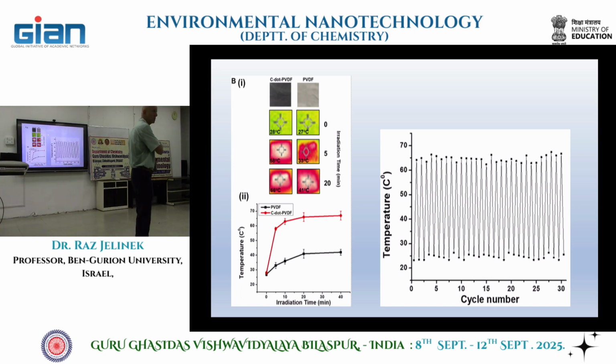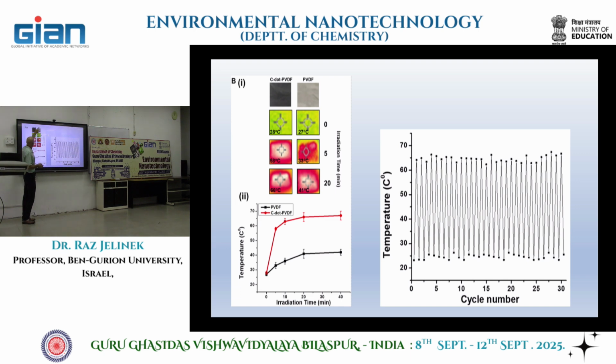Remember, these are pictures from an infrared camera that is sensitive to temperature. The more red the color, the higher the temperature. And what we see here are the pictures from the camera of the polymer face mask with the carbon dots. And this is just the polymer without the carbon dots.